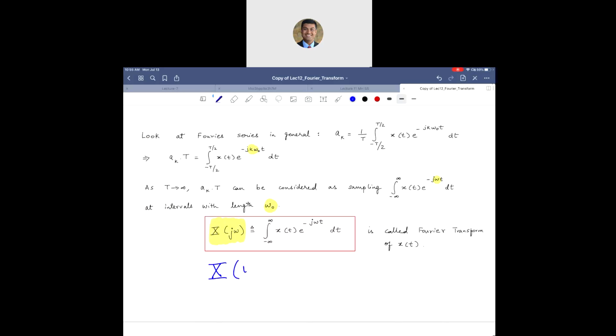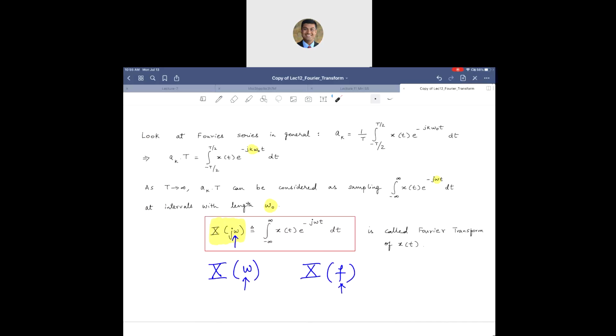Of j omega or just omega, or sometimes you will see this as frequency, right? They are all different notations. A function in frequency domain could be f, it could be omega, or it could be j omega.